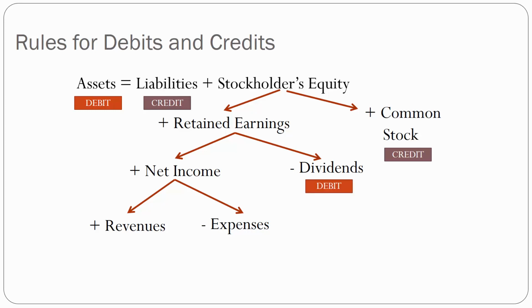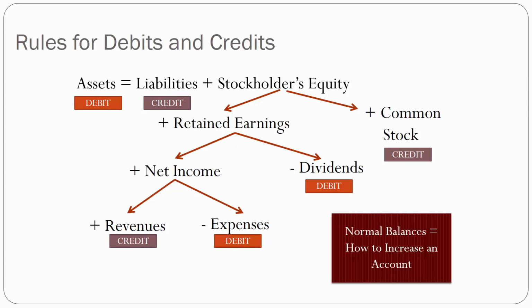And since dividends decrease stockholders' equity, even though it's on my right side, it acts the opposite, so it's a debit normal balance. Same thing, our revenues increase stockholders' equity, so they're a credit normal balance on our right side, and expenses decrease the right side of our equation, so they're an opposite, they're a debit normal balance. Remember, the normal balance is what you will give to an account to increase that balance. So to increase an asset, you would debit it, but to increase the liability, you would credit it.